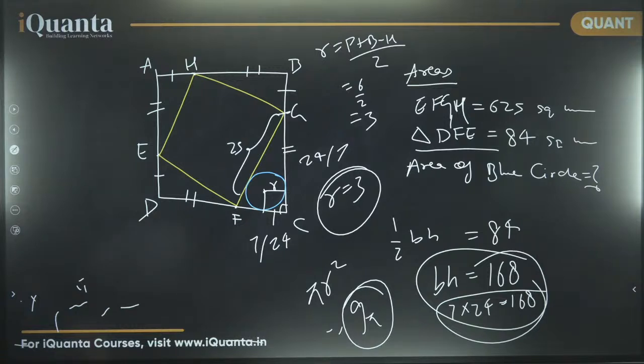जिस इंसान को ना पता हो वो क्या करेगा, वो पाइथागोरस थ्योरम लगाएगा, वो लिखेगा B square plus H square is equal to 625, फिर BH is equal to 168. समझ रहे हो? B को लिखेगा 168 by H, फिर put करेगा quadratic में, फिर solve करेगा. उसे लगेंगे 2 मिनट एक्स्ट्रा, तुम लोग को नहीं लगेंगे.